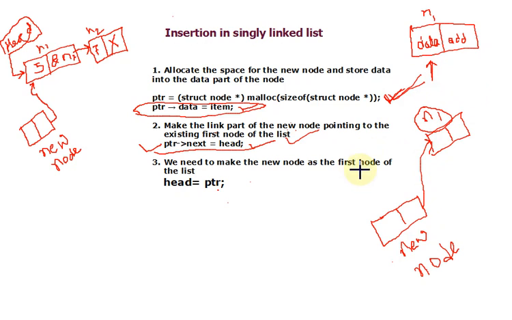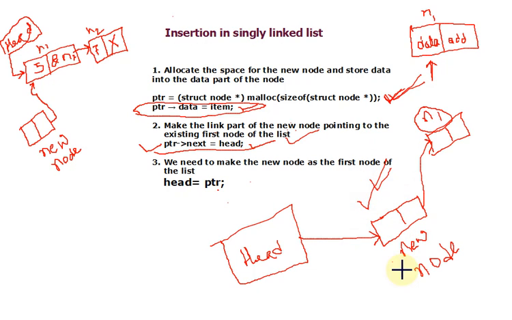But after that, we only need to link this new node with the head. When we make this type of change, we can insert this new node at the first position in the linked list.